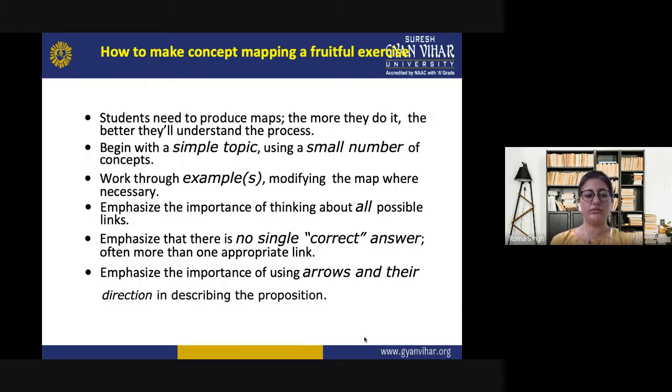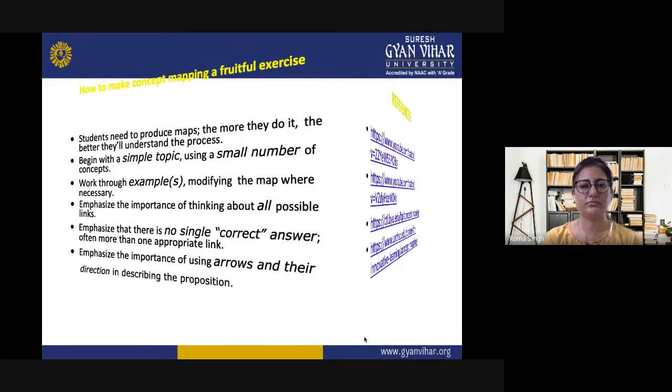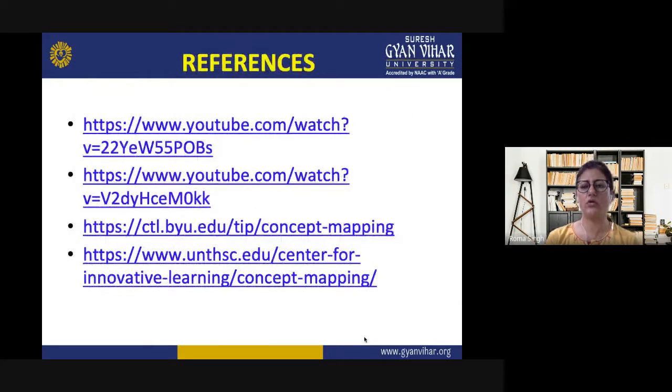The students must know what they are preparing and how they are using their arrows, whether they are going in a single direction or are double-headed arrows. So this is how, by incorporating a few techniques, a teacher can successfully use concept mapping.